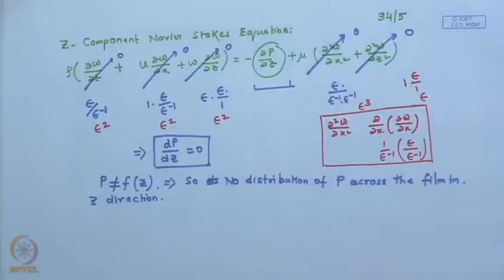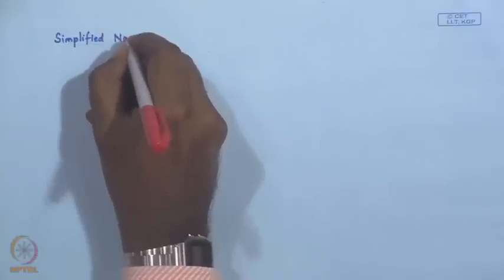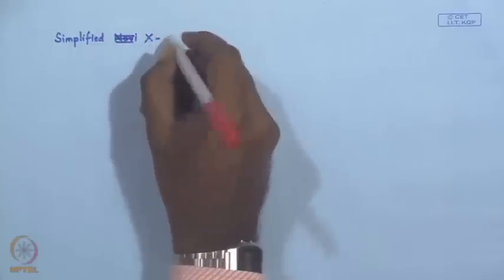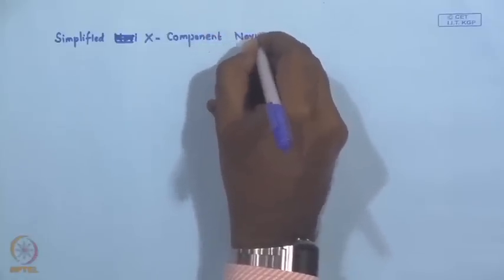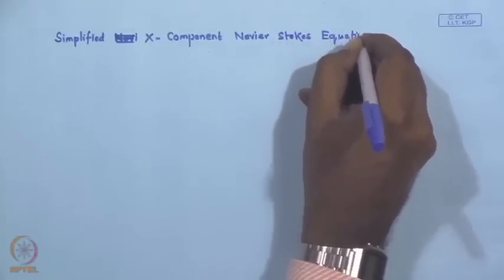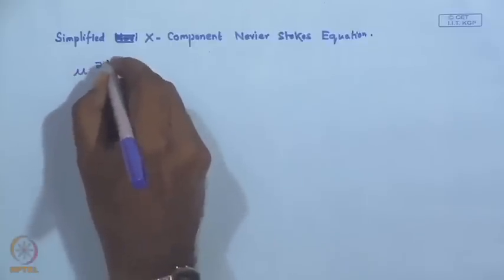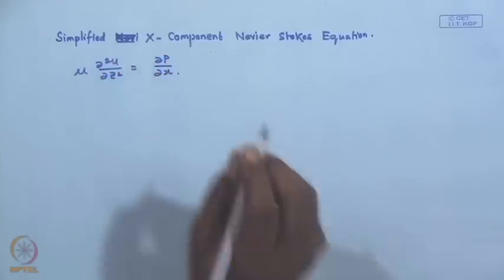So, now that sort of brings us back to the governing equation, which is, we go back to this equation, which is the simplified x component Navier-Stokes equation, which is mu into del 2 u del z square equal to del p del x.